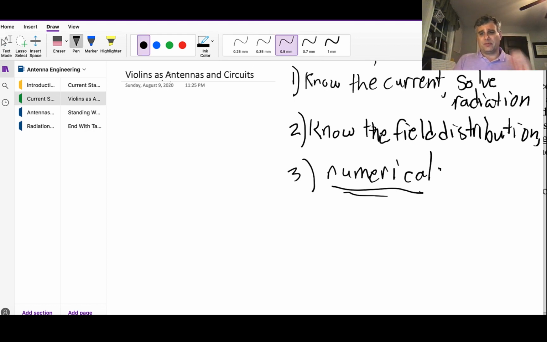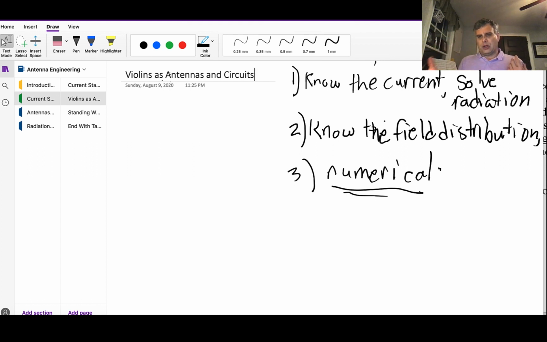For numerical techniques, the most general class of antenna engineering problems, you're given a piece of metal, maybe an excitation point, some arbitrary shape, and you need to figure out its electrical properties and how it radiates into space. That's a very challenging problem because, as I said, it's a chicken and the egg problem.